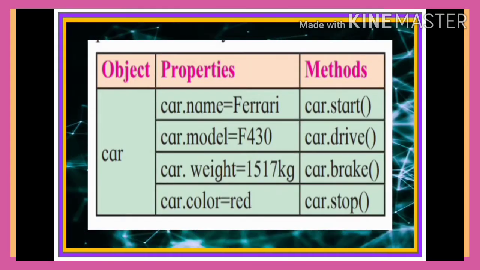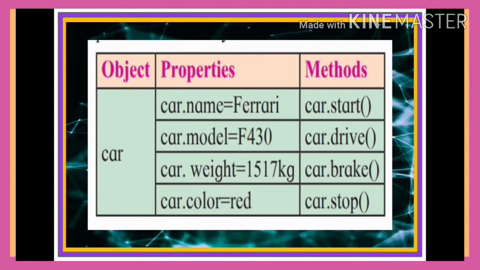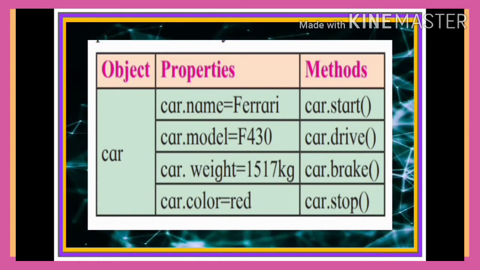Let's see one example of car object. The diagram shows car object, properties and methods of car object. Car object has the properties name, model, weight and color. The way of using properties is to mention the car object, then the dot operator and then the property name.